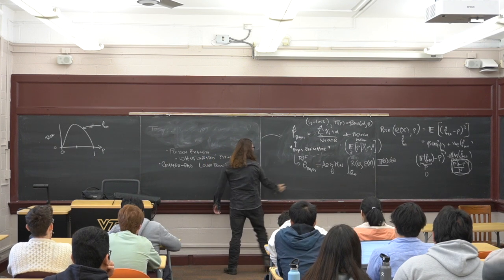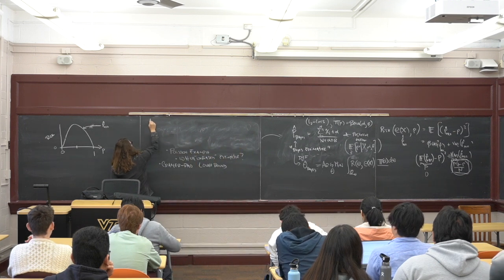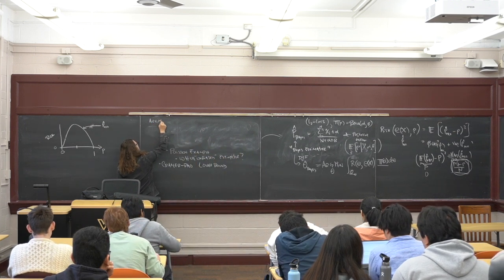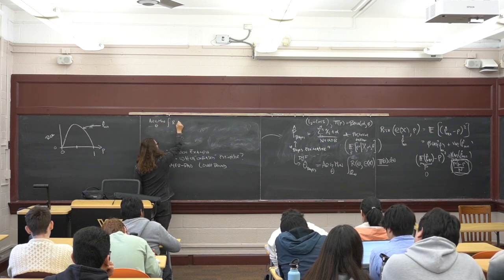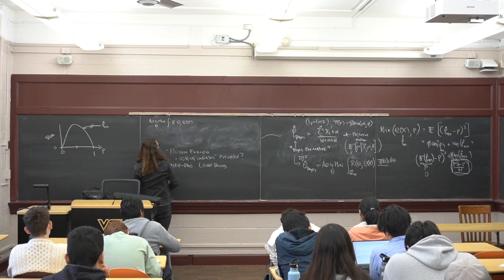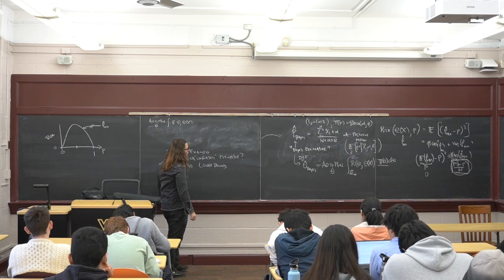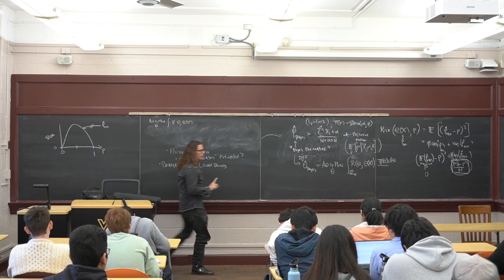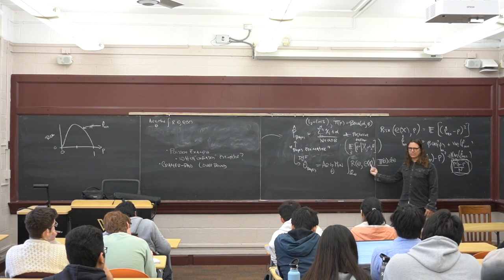So let me rewrite this just a little bit differently. I'm going to arg minimize over theta, integral risk function. I should be a little bit more careful right here. This actually does not have x built into it.